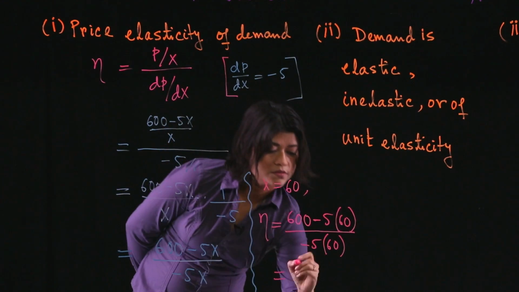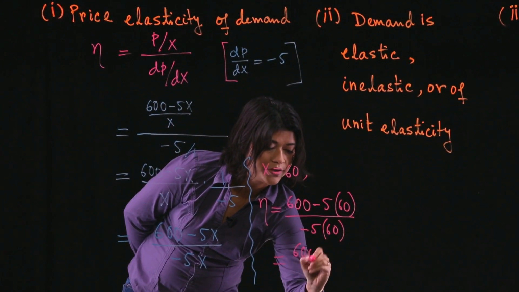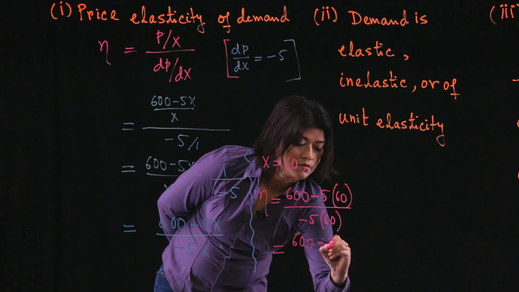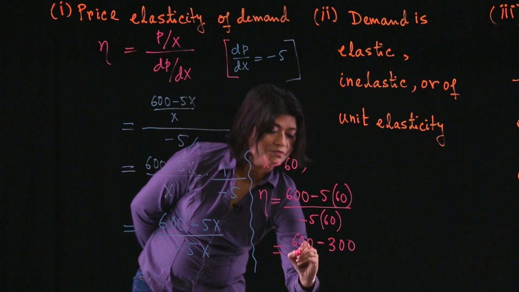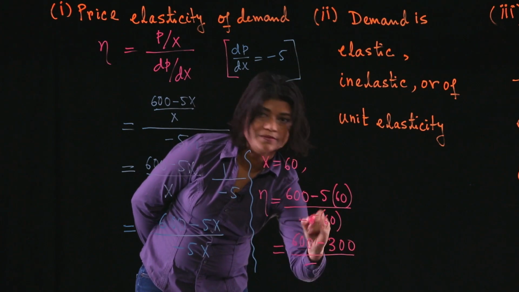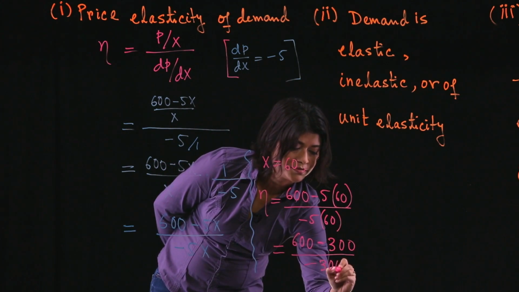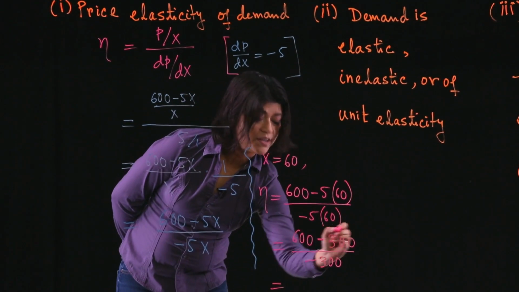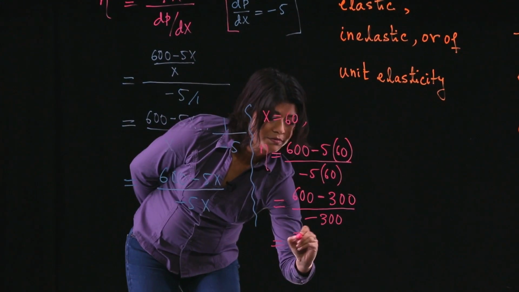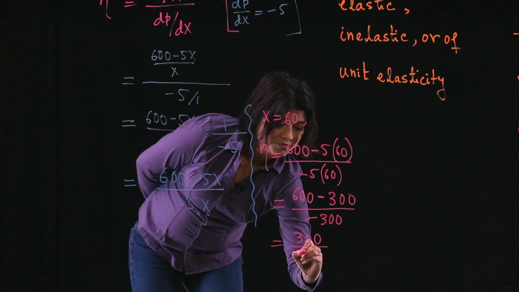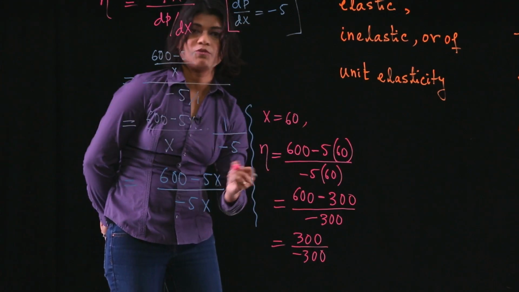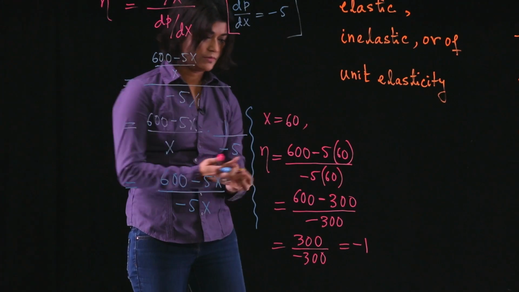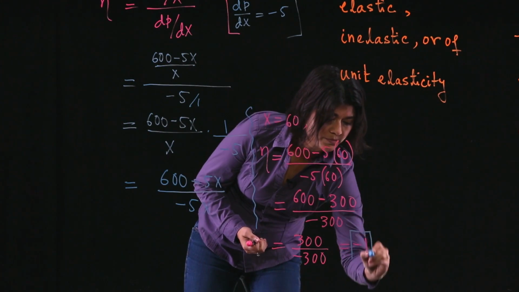Okay, so let's quickly simplify this. We have 600 minus 5 times 60, so that's 300, divided by negative 5 times 60, so another 300. Therefore, we get 600 minus 300, that's 300, divided by negative 300, which is equal to negative 1. So eta is negative 1.